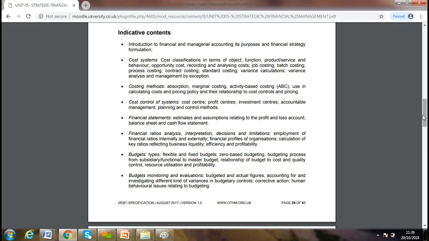So what is meant by financial statements? Today we'll discuss financial statements relating to the profit and loss account and cash flow statement. Profit and loss shows how much profit we have, how much sales we have, how much cost of sales and other expenses a business has year by year.